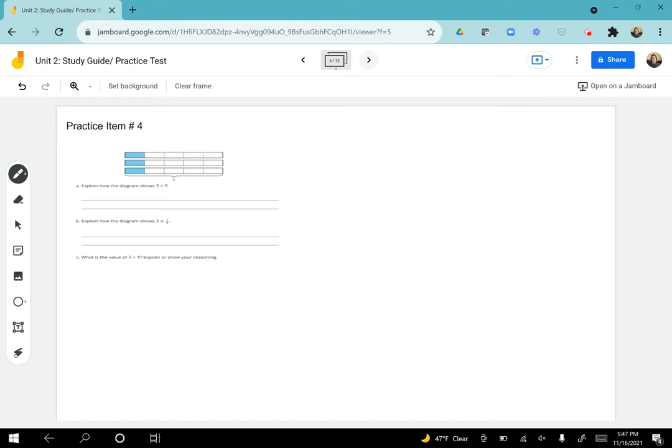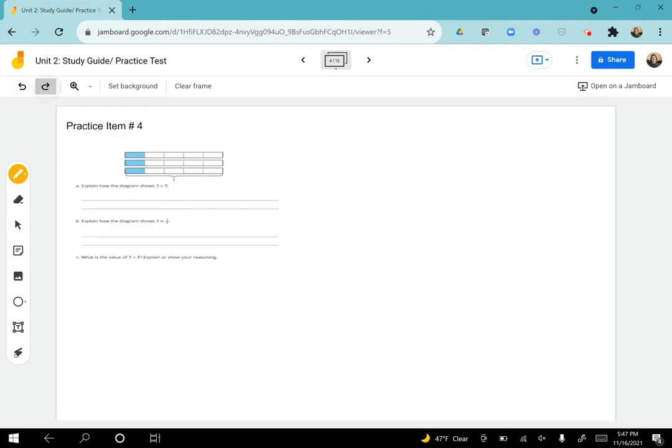Item number 4, we're shown a diagram, and we need to explain how the diagram shows 3 divided by 5. Again, each of these bars here, though they are different colored in different parts, each represents a whole, so you have 3 wholes.